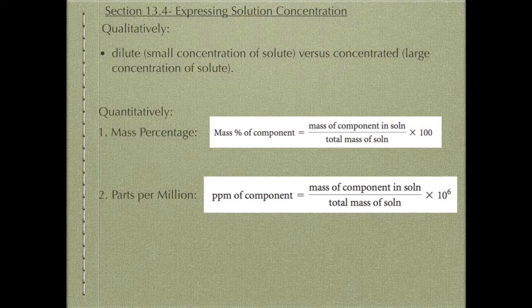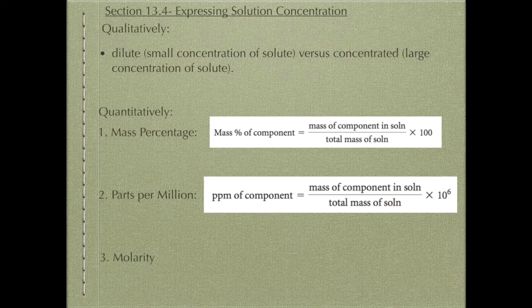So if I say that water in the United States has a concentration of arsenic of 0.010 parts per million, that tells me I have 0.010 grams of arsenic for every 1,000,000 grams of water. So parts per million is a quantitative way of expressing solutions that are extremely dilute, clearly.